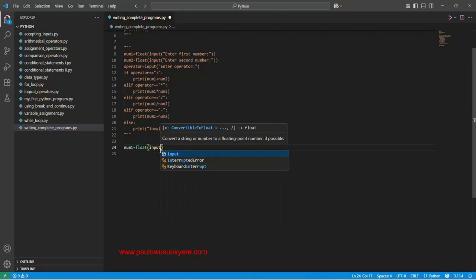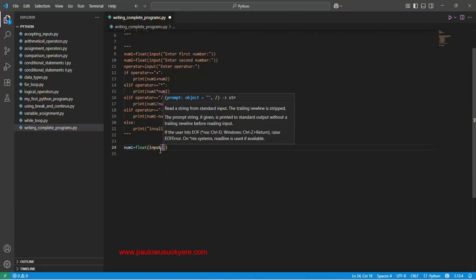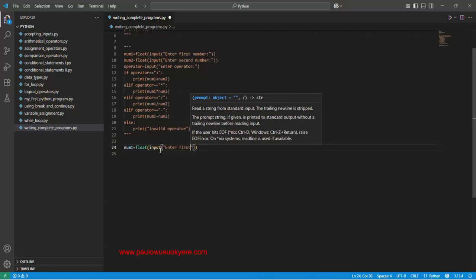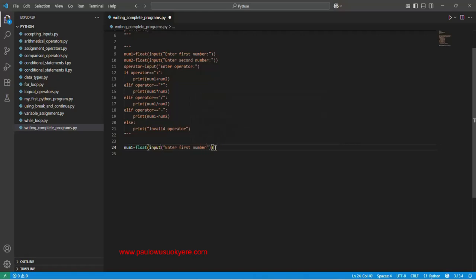Because we have to enter the number, so input, and then enter first number. You put the cursor at the back of the parenthesis and then you press enter.